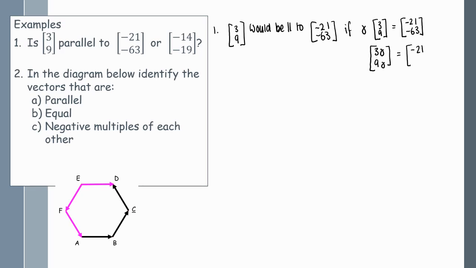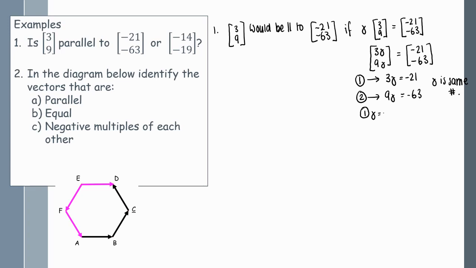We have 3 times gamma and 9 times gamma equal to minus 21 and minus 63. Again, equate the first components and then the second components. So can you solve 3 gamma equals minus 21 and 9 gamma equals minus 63, where the solution for gamma is the same?